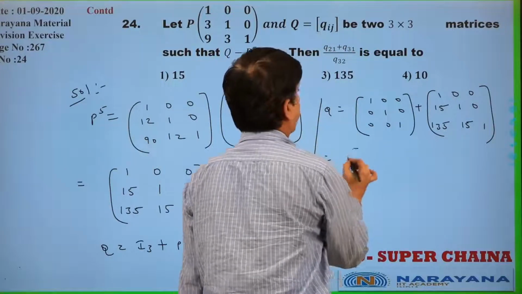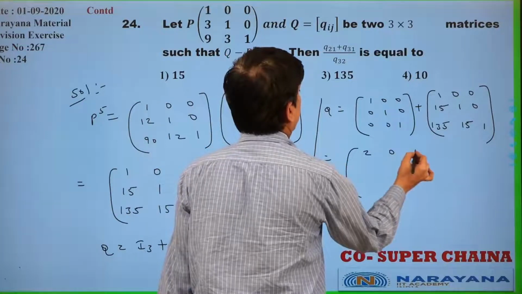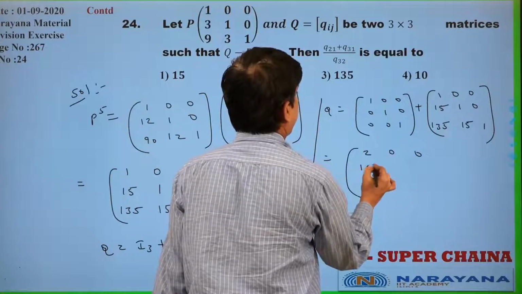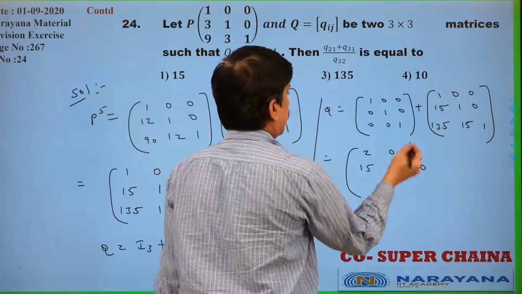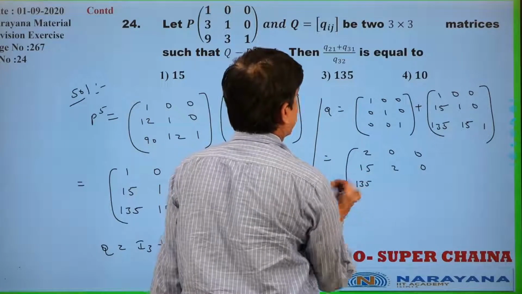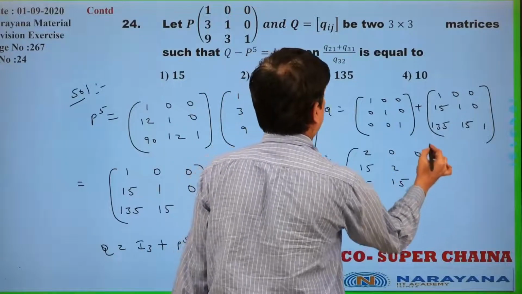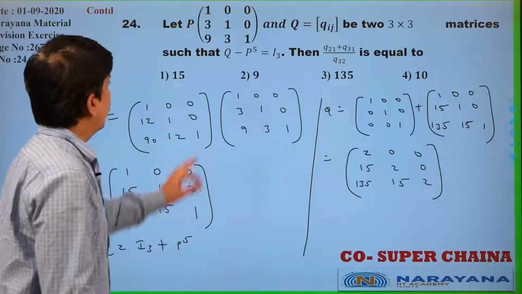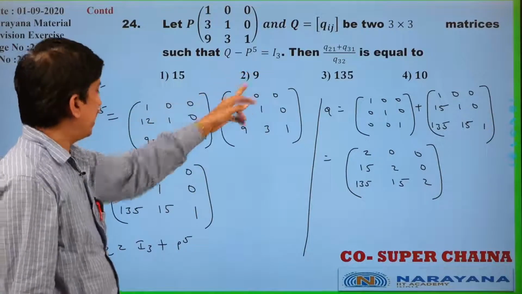Now Q is equal to what you will get? 1 plus 1, that is 2, 0, 0. 15, this is 2, 0. 135, 0 plus 15, that is 15, 1 plus 1, 2, 1. Just you observe that one. They only gave the condition Q minus P power 5 is equal to I3.